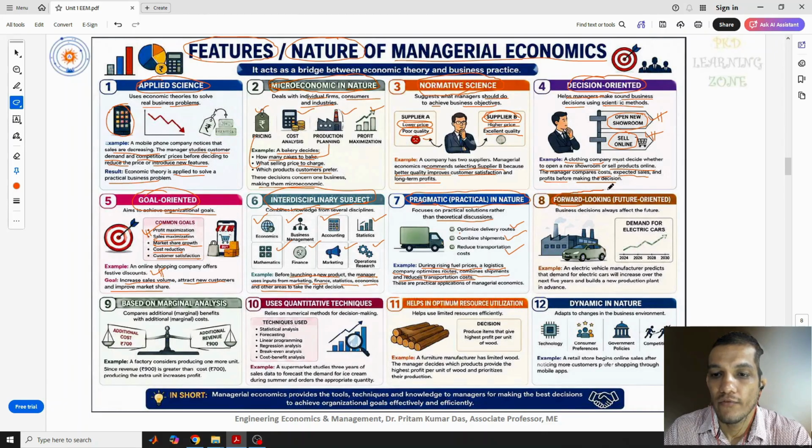The next one is forward looking, or we can say future oriented. In this, business decisions always affect the future. What you decide today will definitely affect the future. Take the demand for electric cars.